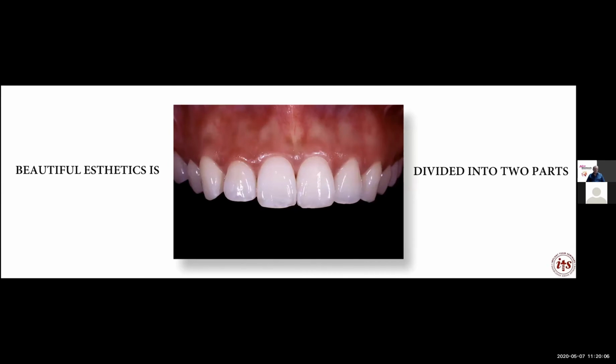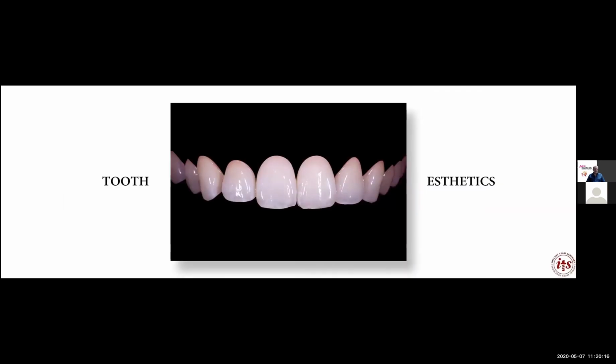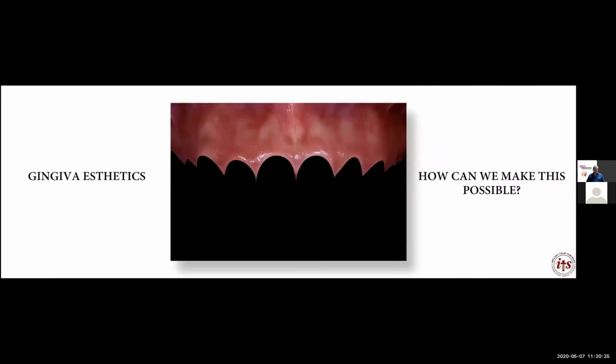This is beautiful aesthetics, and we can see that it's divided in two parts: an aesthetic restoration of teeth and implants, and the gingiva. Tooth aesthetics are important, supported by the implants, and the gingival aesthetics is influenced by the biotype.